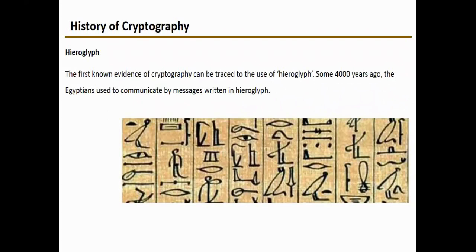These symbols are very difficult for a person to understand if he or she doesn't know what the hieroglyphic scripts are, and so this can be considered a form of hiding your information.